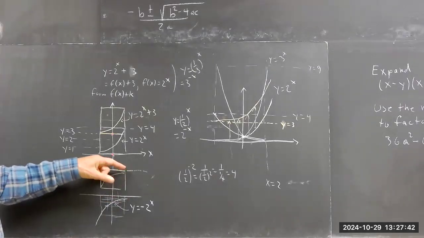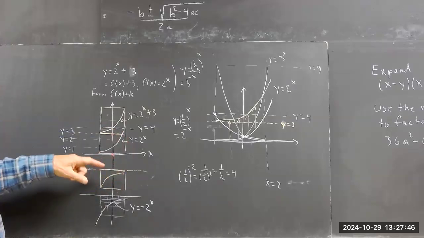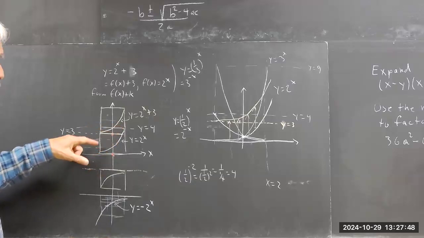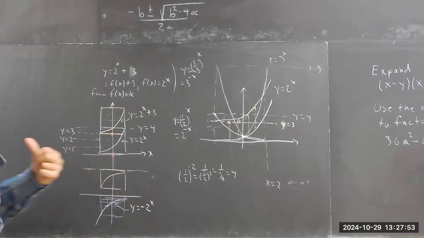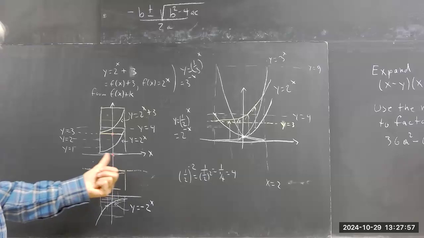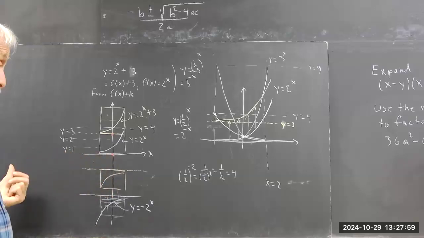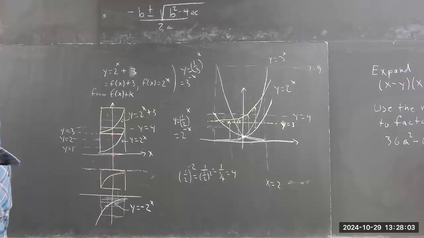You keep going twice as close. If you construct like this, you keep going twice as close to the x-axis and moving over one, right? You go to the left, you keep getting twice as close and keep moving over one to the left. And you keep that up forever, you never get to the x-axis.